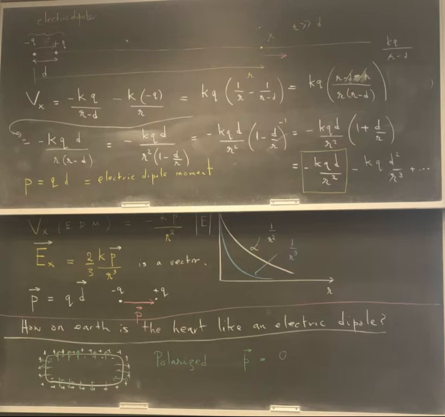Because the positive charge is closer to the point X. The positive charge produces a field that points away from the positive charge. So the electric field is pointing to the right, and so is the electric dipole moment, pointing from the negative charge to the positive charge. Got it? Now, how does the heart act like an electric dipole? That's the next question.